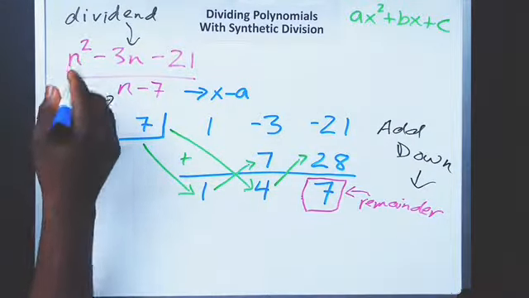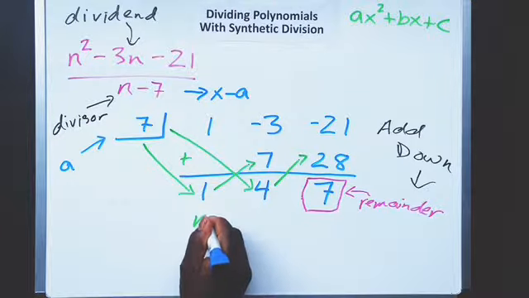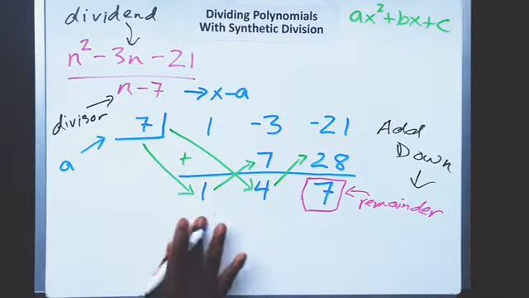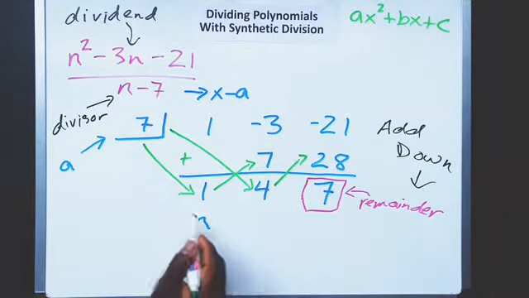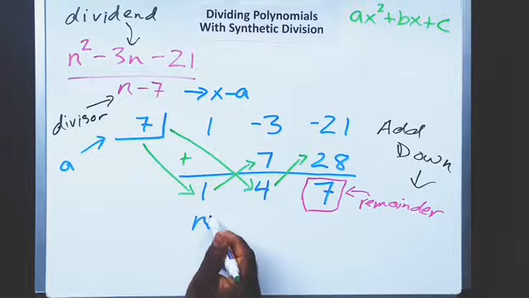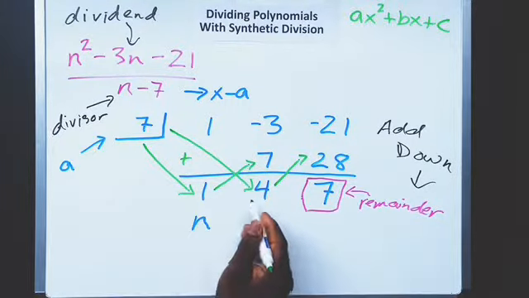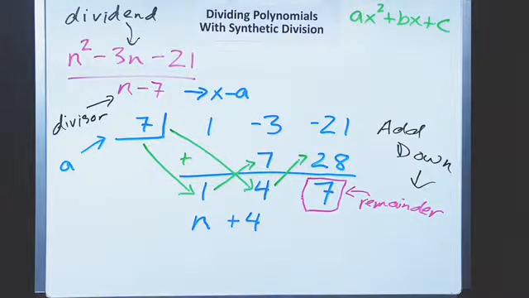So if you decrease it by 1, then this becomes 1 times n. 1 times n is simply n. So notice, this degree is 1 less than the original n squared, okay? And since that's positive, we write plus 4, right?